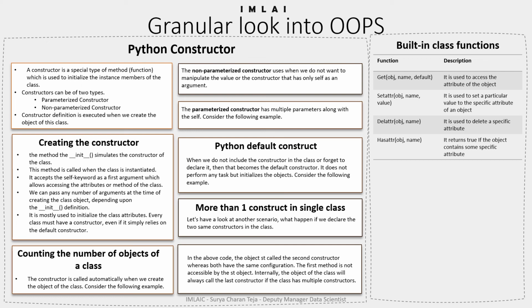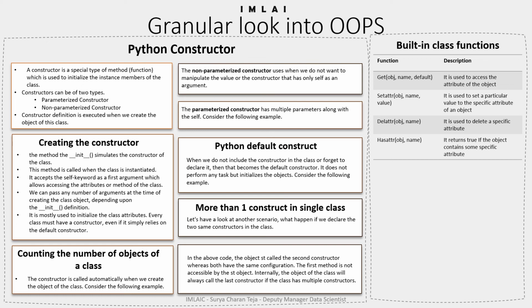That's it, nothing much. The first, most widely used function is getattr, with a small lowercase get. It is used to access the attribute of the object. You just give the object and then the name, and it will give you the attribute.